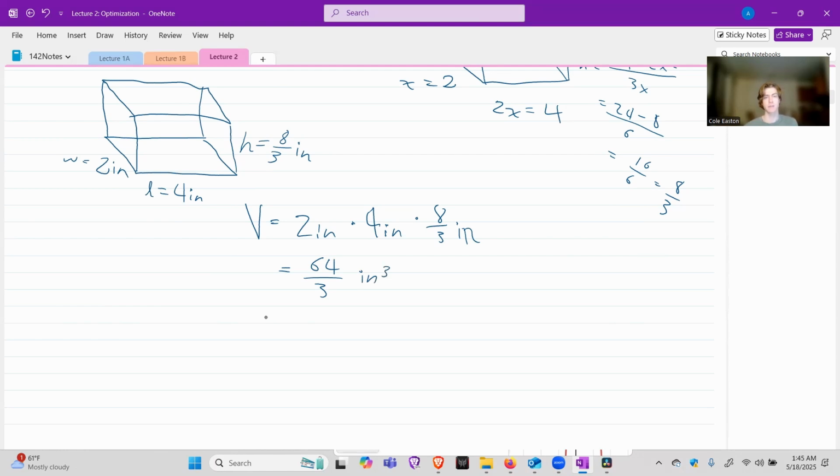And a question like this could ask you for this max volume, or it might ask you for these dimensions. In this problem, we didn't specify just so we could figure all of these things out and show you all of the possible things that you might need to find in a question like this.